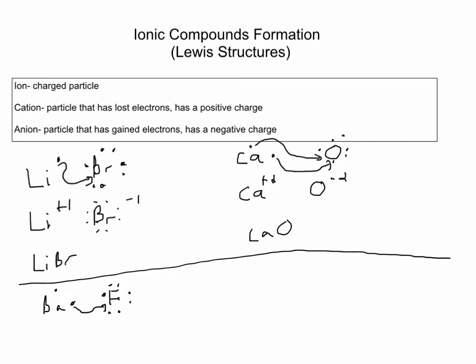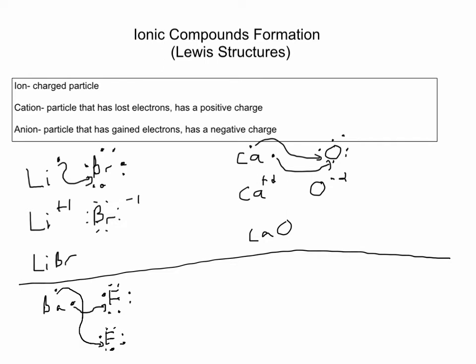So what's going to happen here is we need another fluorine atom. So we need a second fluorine atom. And the barium's going to give this other electron to that fluorine.